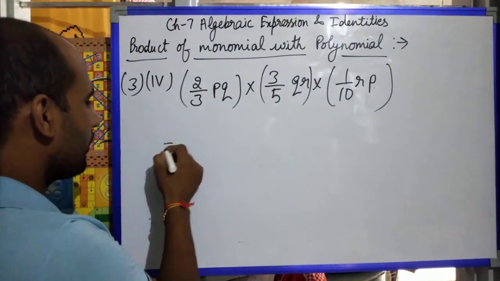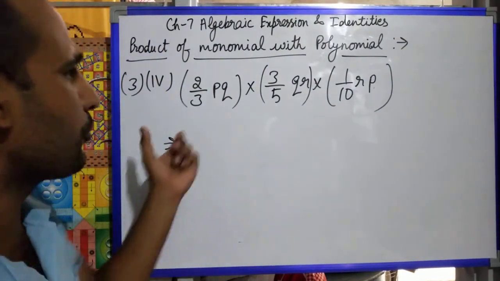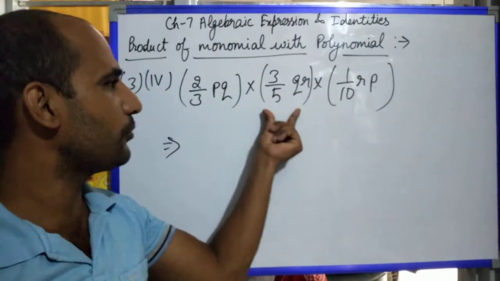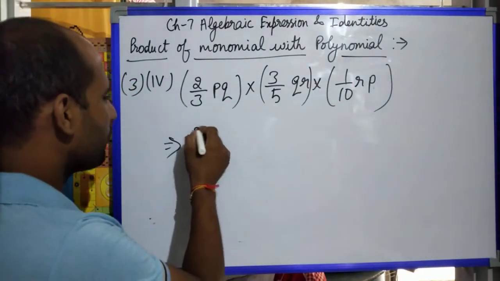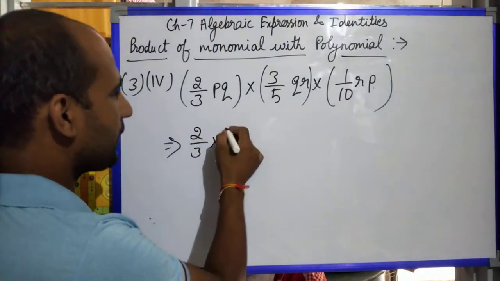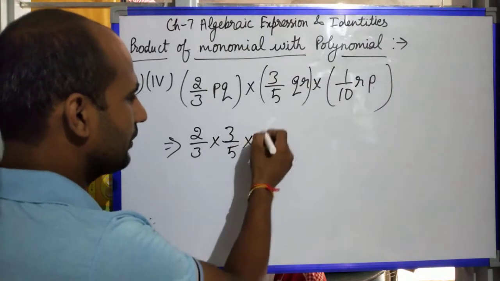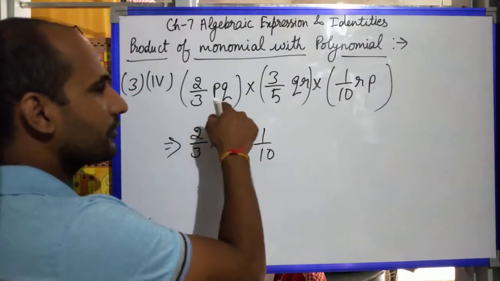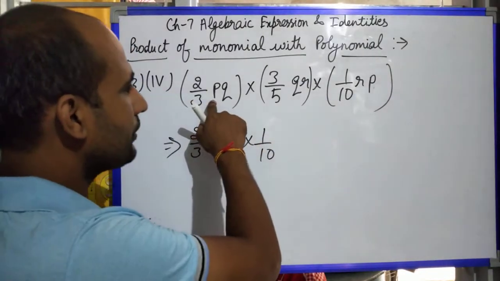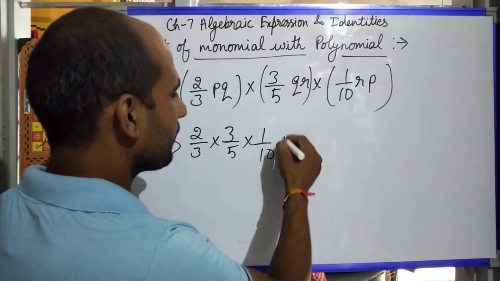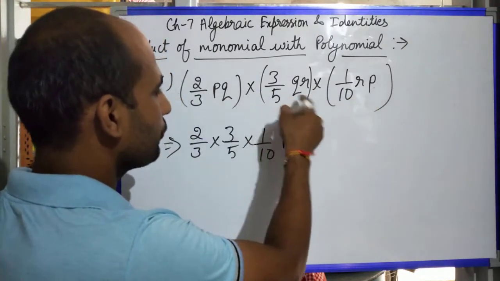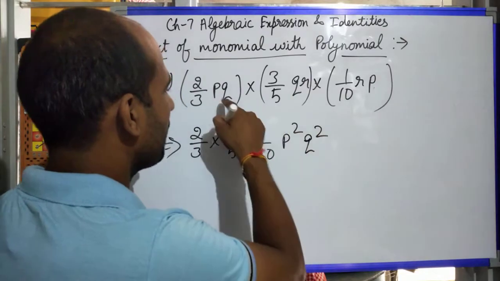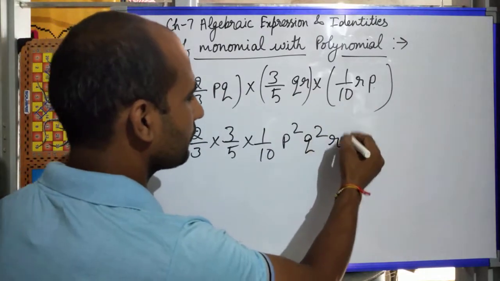So what I told you, first of all these are monomials. What we will do is simply multiply their coefficients first and then their variable terms. Two p's are there, so p square. Two q's are there, and two r's.